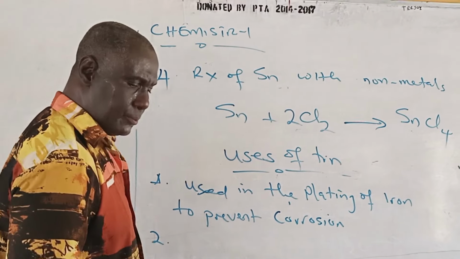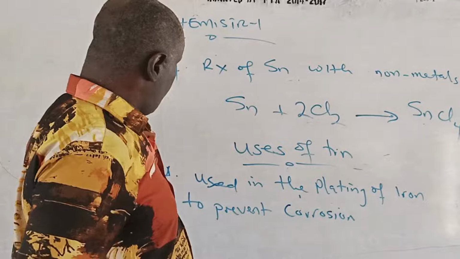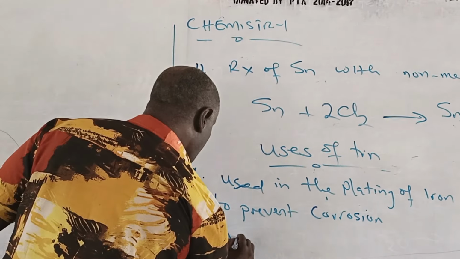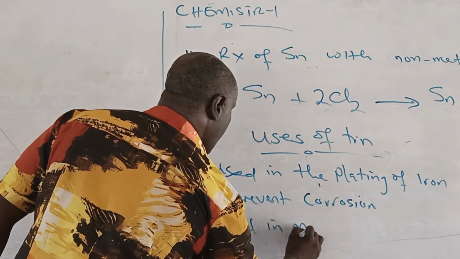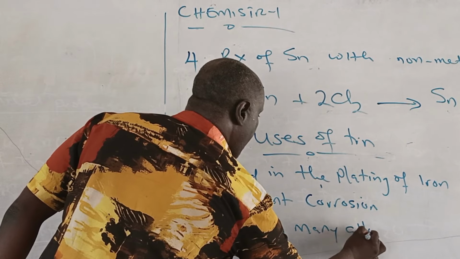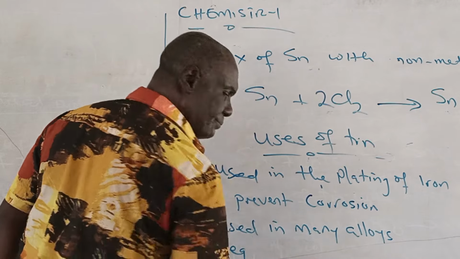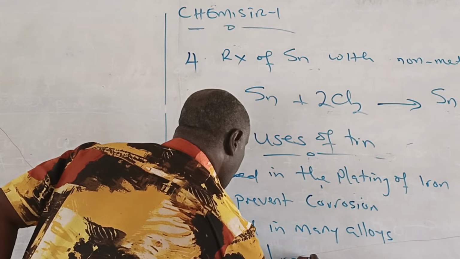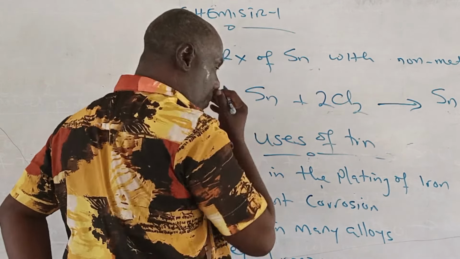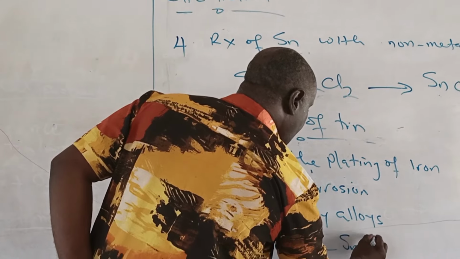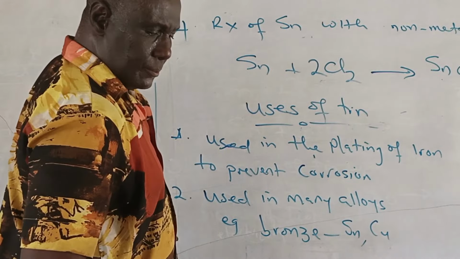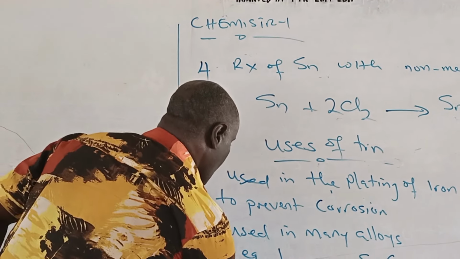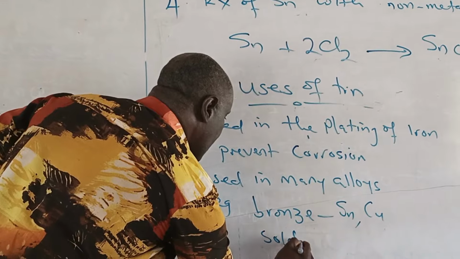Number 2. It is used in many alloys. For example, we have bronze, which is made up of tin and copper. Then we have solder.